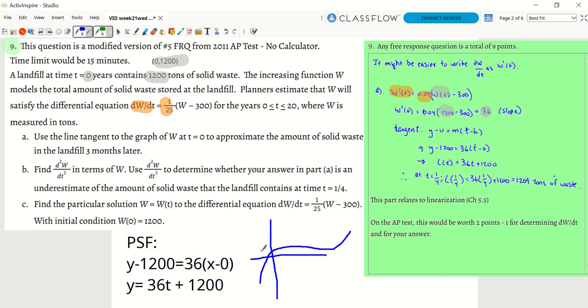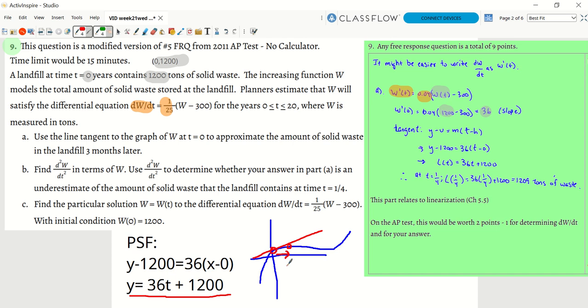That is such a terrible drawing, but you know what I mean. We have this equation of a line here that's tangent at t equals 0, and it looks like this. Let's say this equation represents that, and we want to use this red line to estimate what the y coordinate of this dot 3 months later is going to be.